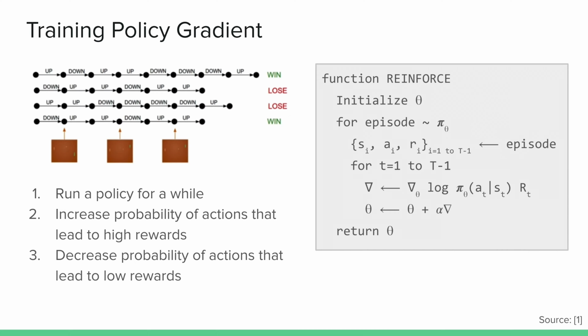We initialize our model parameters, our policy, and then we run this policy. Each run here is called an episode. Whenever we start our agent in the environment up until the point where it terminates, either because we win the game or we lose the game, or we just say stop at this point, that is what we call an episode.